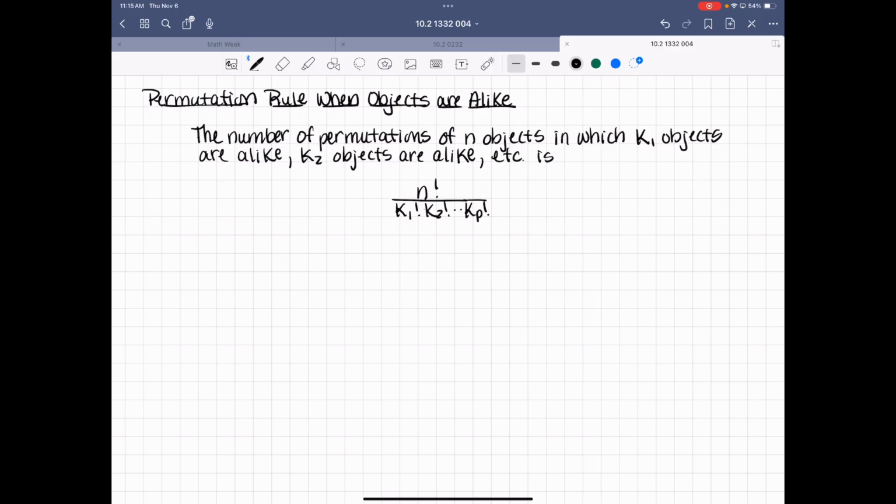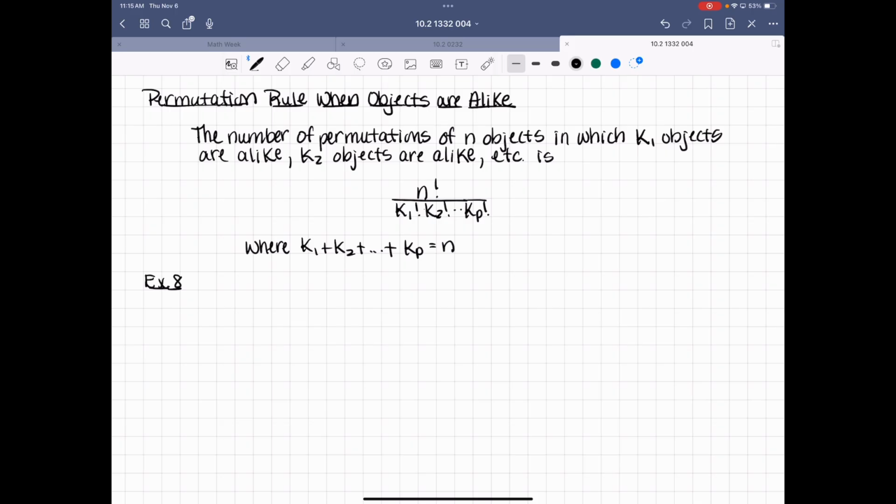Where we do have to add this side note, k1 plus k2 plus ... plus kp equals n. Now, this will make way more sense when we do example 8, okay?